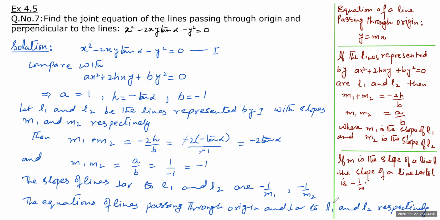What will be these lines? You can use the equation of a line passing through origin, which is simply y equals to slope into x. The slope of one line is minus 1 by m1, so the equation of one line will be y equals to minus 1 by m1 into x. And the equation of the second line will be y equals to minus 1 by m2 into x.